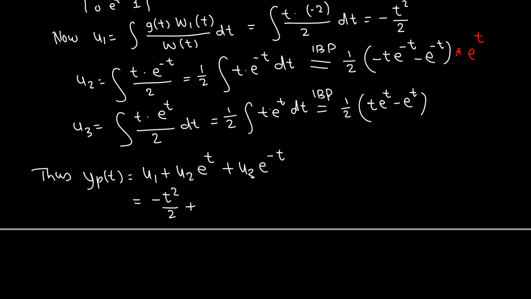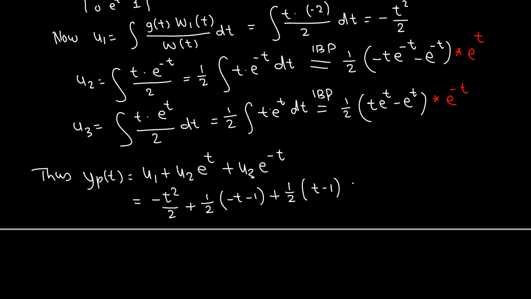So the whole thing now becomes 1/2 times, when we multiply inside, negative t minus 1, plus u3 here. Now we multiply u3 by e to the negative t, then 1/2. When we multiply inside, e^t times e to the negative t is just 1, minus 1, so 1/2 outside, t minus 1.